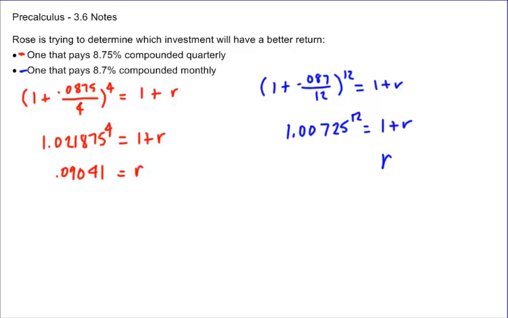And the rate on this guy is going to be equal to 0.09055. So one of these is going to work a little bit better than the other, and when you do a little bit of investigating, the interest rate in blue is just a little bit higher than the interest rate in red. So the actual rate of return is going to be that 8.7 compounded monthly.